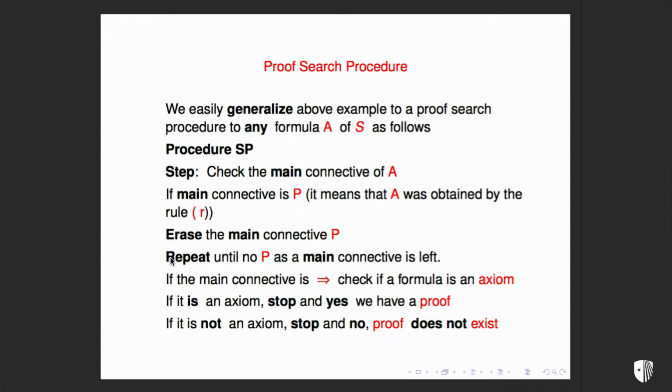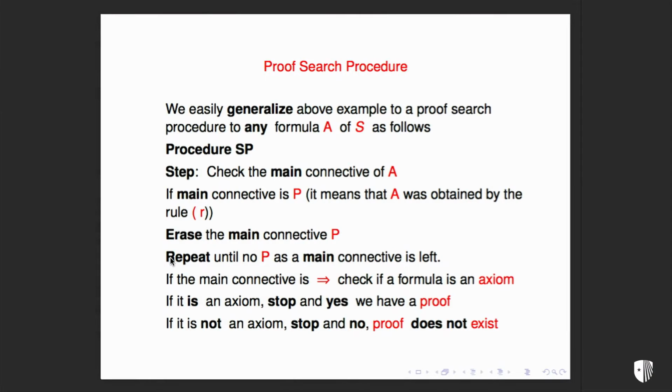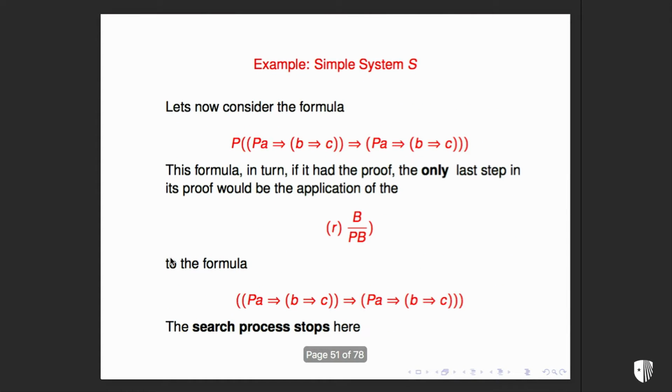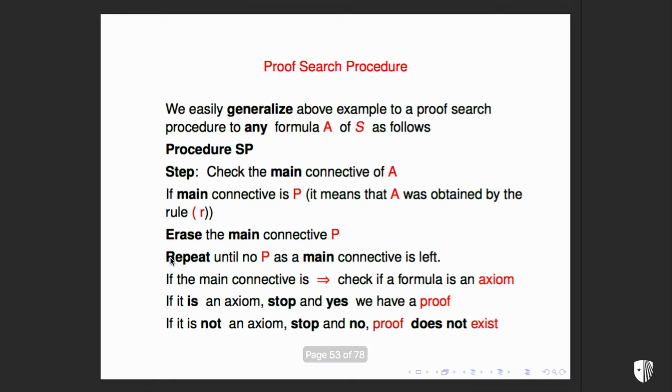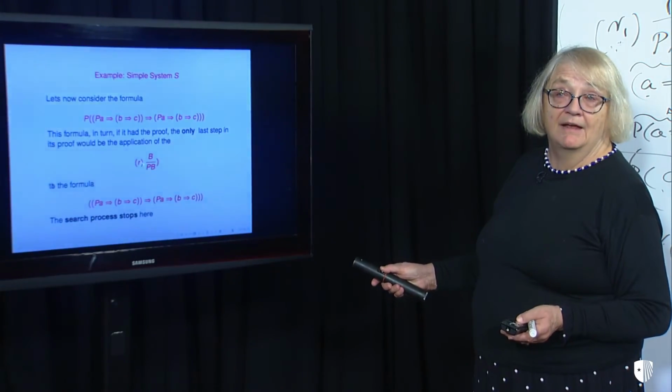How this procedure works: first, we check, for our propositional systems, the main connective. If the main connective is whatever the rule says, it means that A was obtained by the given rule. So what does it mean? If you want to search for a proof, and you have a rule like this, the rule says I can erase P and I can go back.